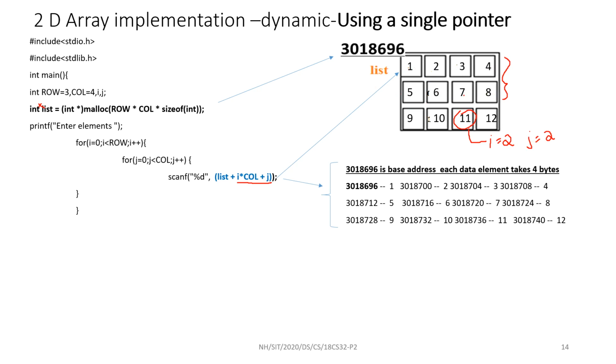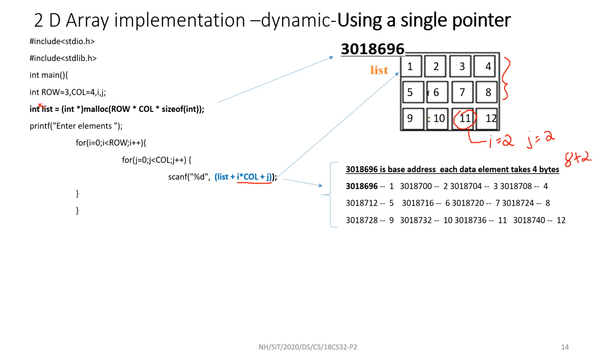In each row, how many columns? There are 4 columns. That is why i into column. Right now the i value is 2, which means 2 rows you have to skip. In 2 rows, how many elements are there? 8 elements, known by the column value: 2 into 4 is 8. I'll write it here, 8. Plus how much do you have to skip? The j value, 2. That means this much you have to skip, 2.